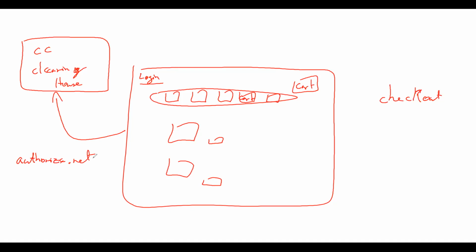They're going to give you some fake credit card numbers that you can use, and you'll be able to see transactions. Whenever you place an order, it should appear there, and then you should complete the whole checkout process.